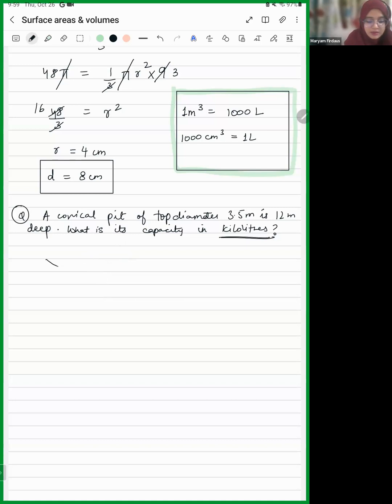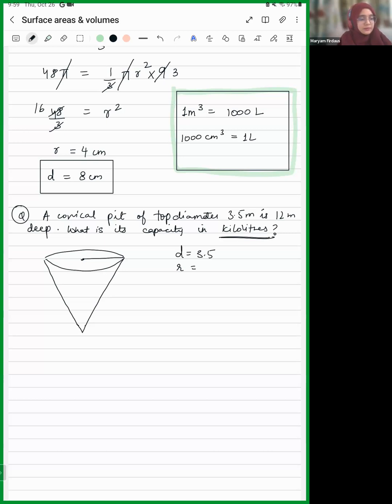So this is going to be your cone. The top diameter is 3.5. So the diameter is 3.5, and the radius will be... Ma'am, 1.25.